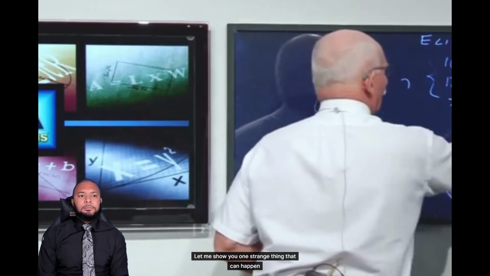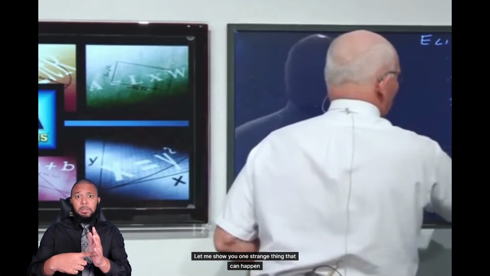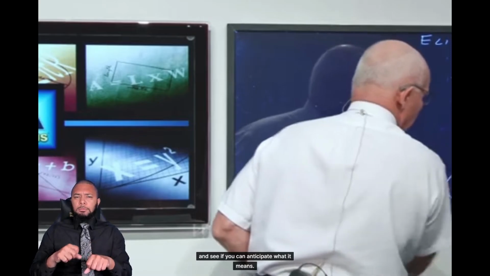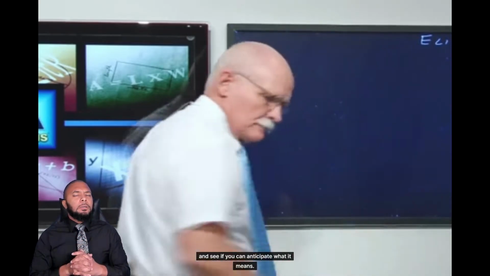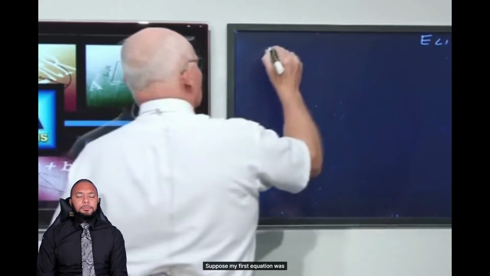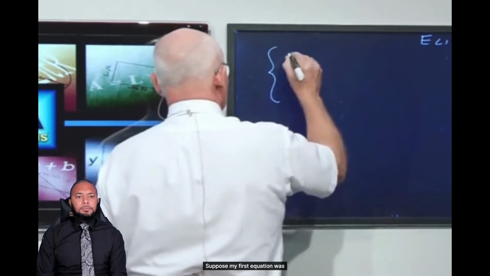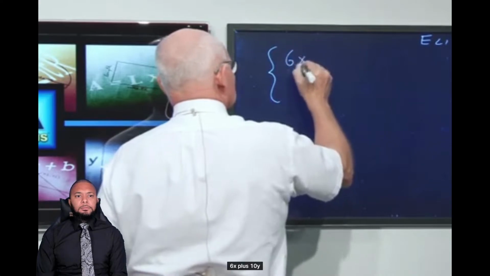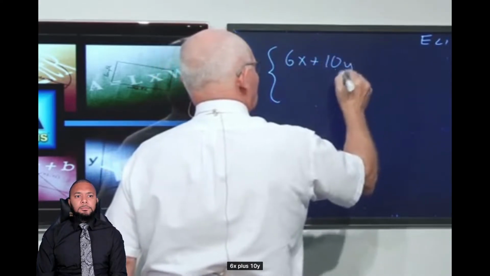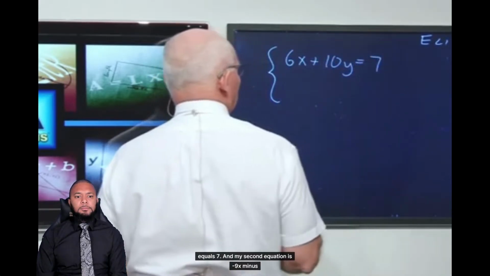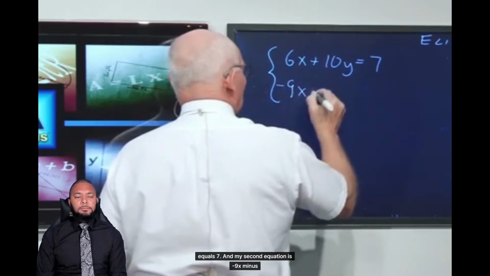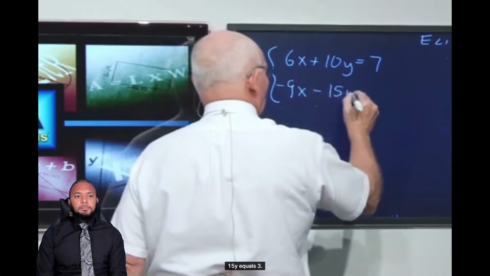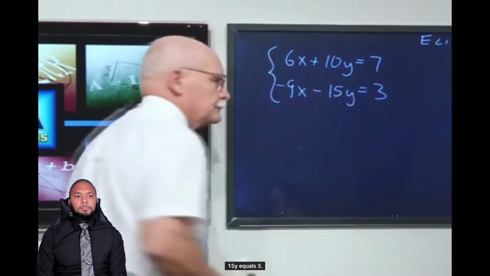Let me show you one strange thing that can happen and see if you can anticipate what it means. Suppose my first equation was 6x plus 10y equals 7, and my second equation is negative 9x minus 15y equals 3.